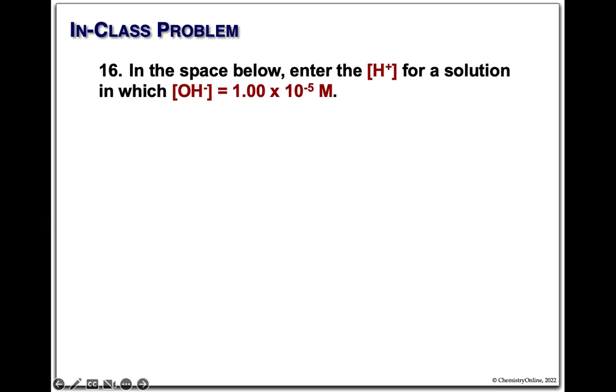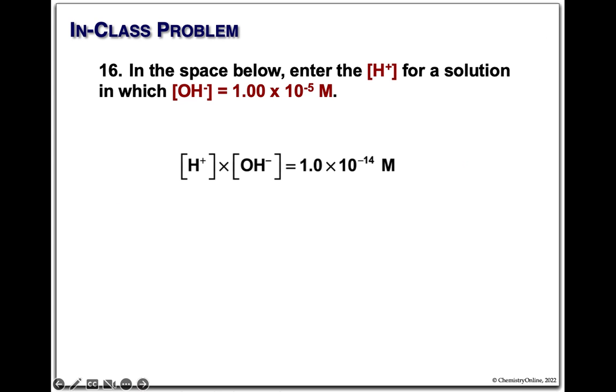All right, we have a solution where hydroxide is 10 to the minus 5 molar. What is hydronium? We can do that because we remember hydronium times hydroxide is always 10 to the minus 14. Okay? Always 10 to the minus 14. Here we know hydroxide.